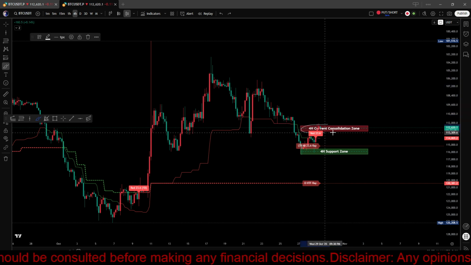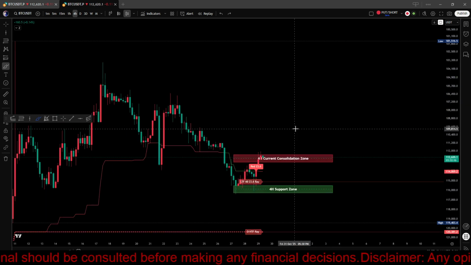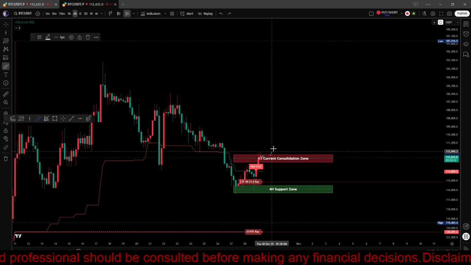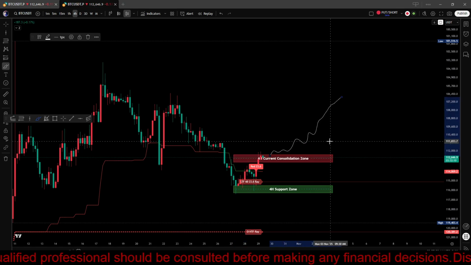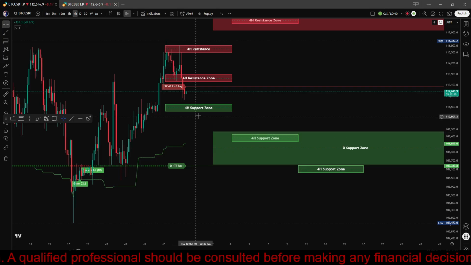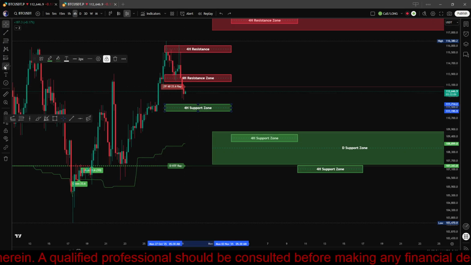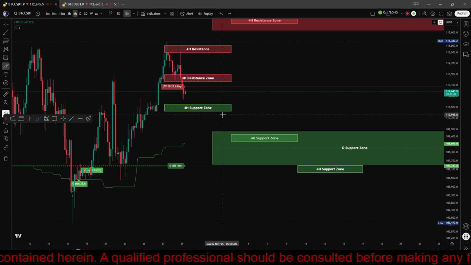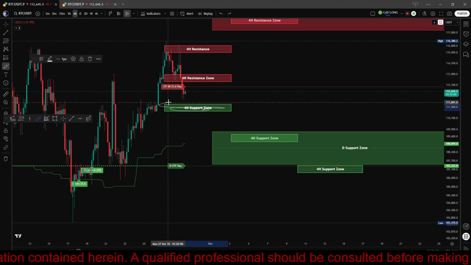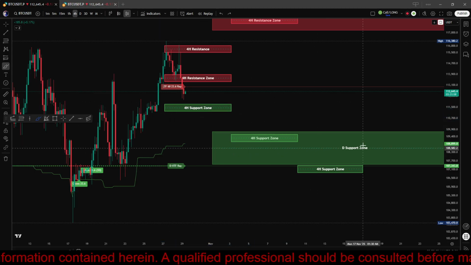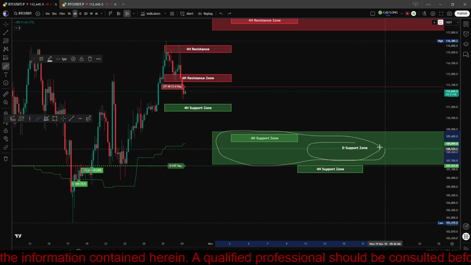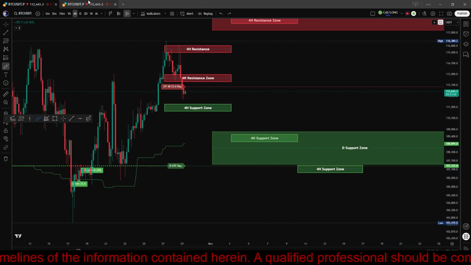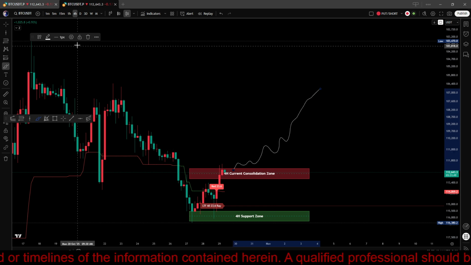If price continues to remain in this consolidation zone, then we have higher chances of going for the downside, which I think is the same 4-hour level. If price gets enough support here, it's good, and if it doesn't get support, then it may go for the other price levels in the normal bullish analysis. We have these levels, and as I said, I will be covering those in my other videos.